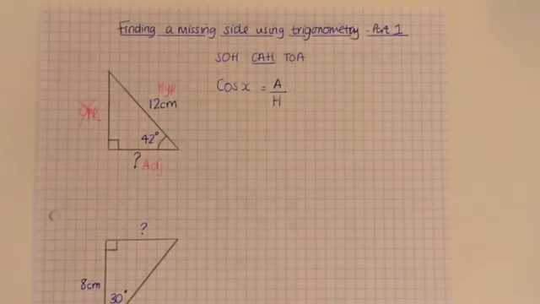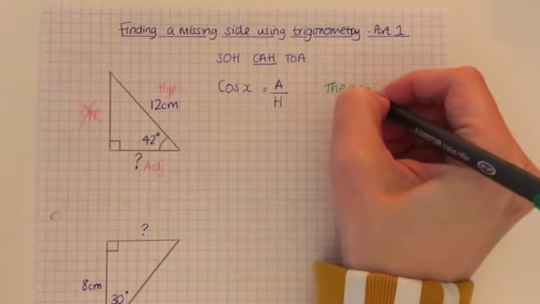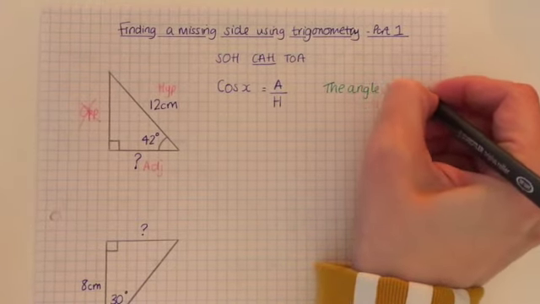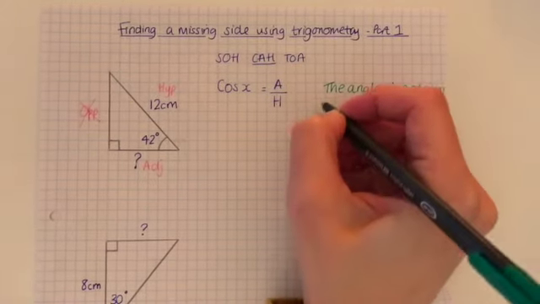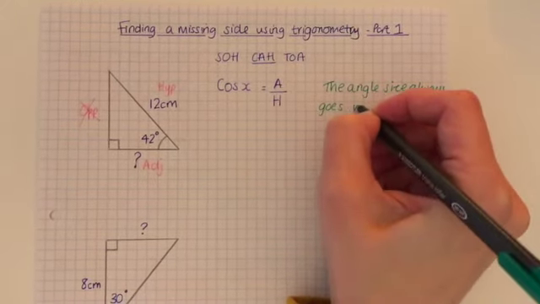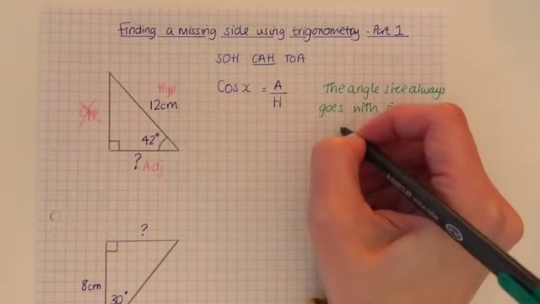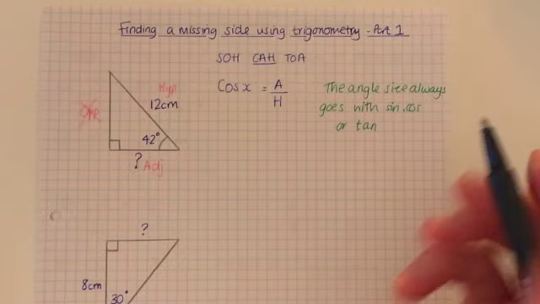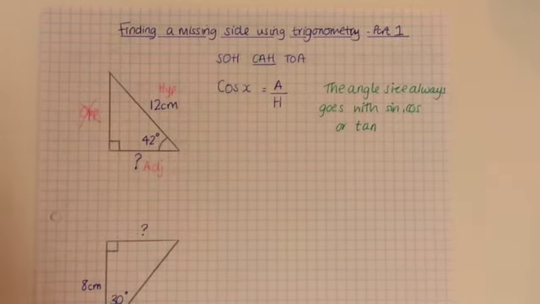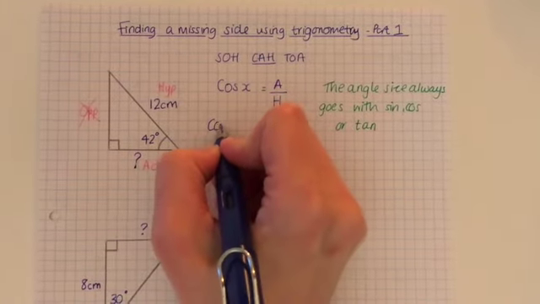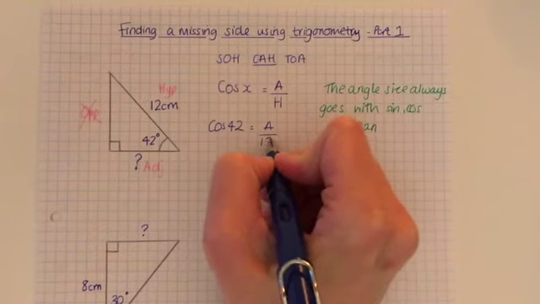The angle size always goes with sine, cos, or tan. So the size of the angle is going to be this x here. So what we've got is cos 42 equals A divided by 12.